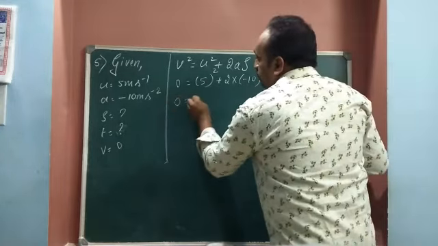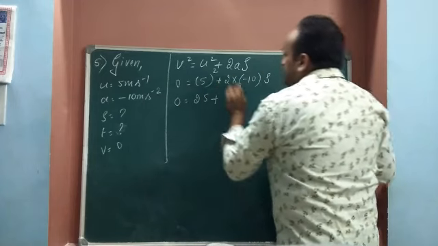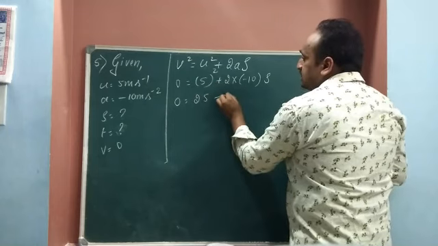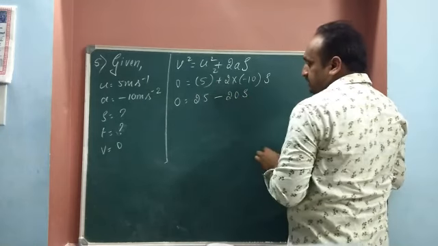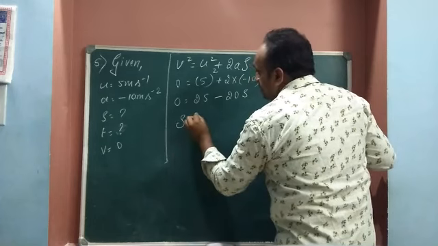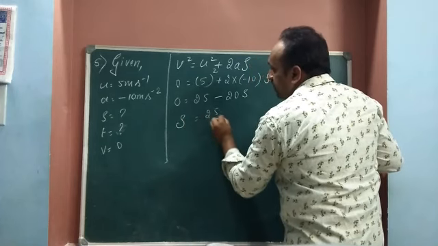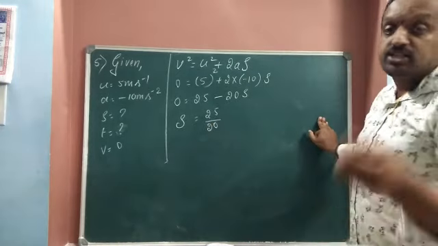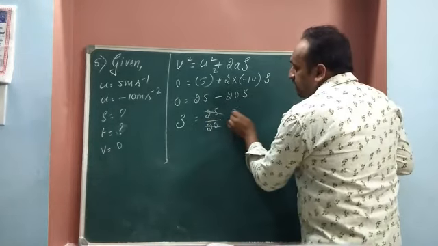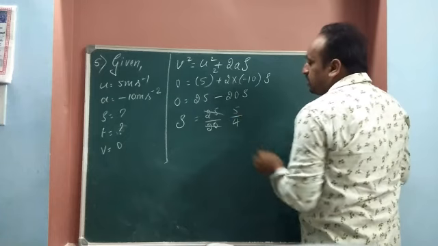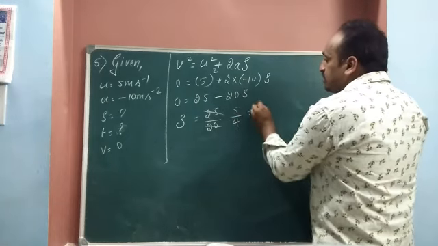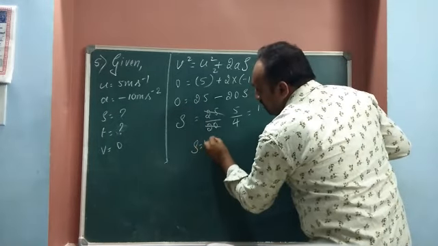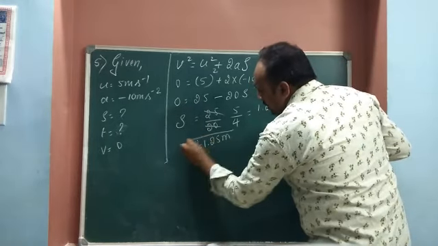So 0 is equal to 25 plus into minus is minus 20s, or s is equal to 25 by 20. The common factor is 5, 5 5s are 25, 5 4s are 20. So 5 by 4 is 1.25. So s is equal to 1.25 meter.